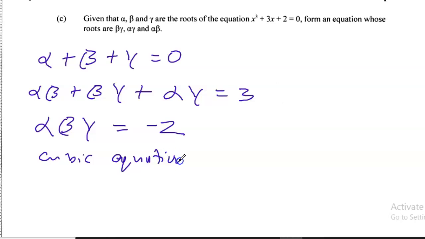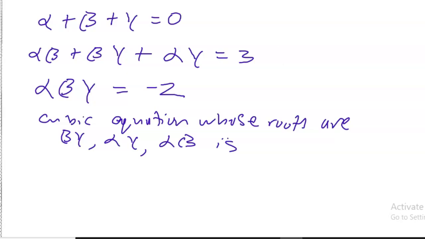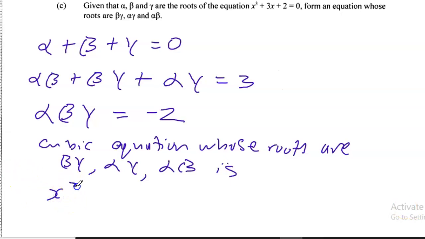So the cubic equation whose roots are beta gamma, alpha gamma, and alpha beta is x cubed minus x squared times the sum.